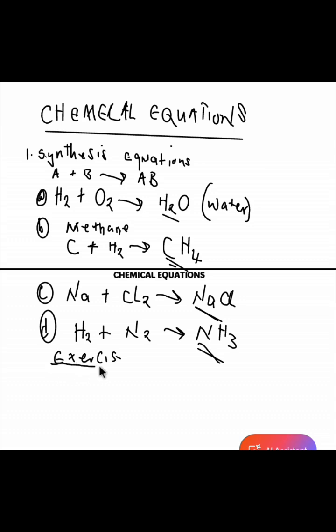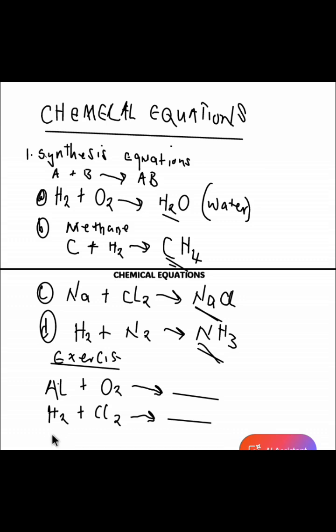This is what we needed to cover in this lesson. Let me give you an exercise. Let's see if you can try out these ones. This is aluminium reacting with oxygen gas. What product will be formed there?